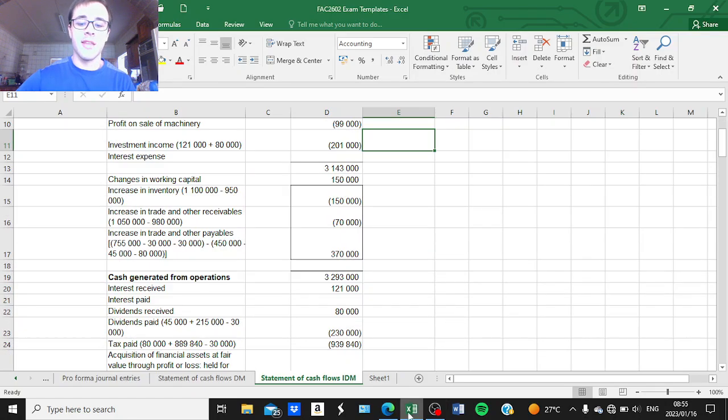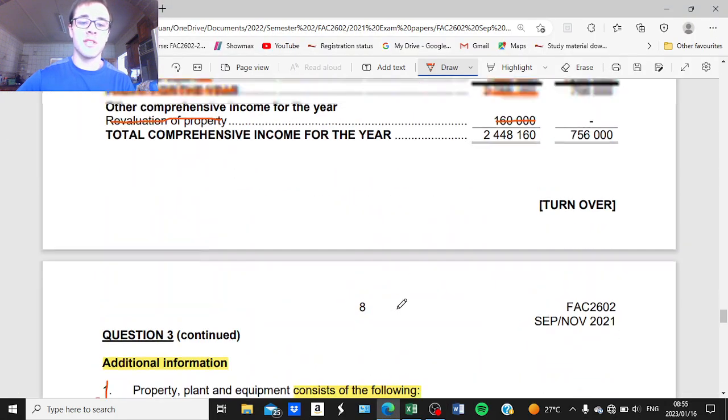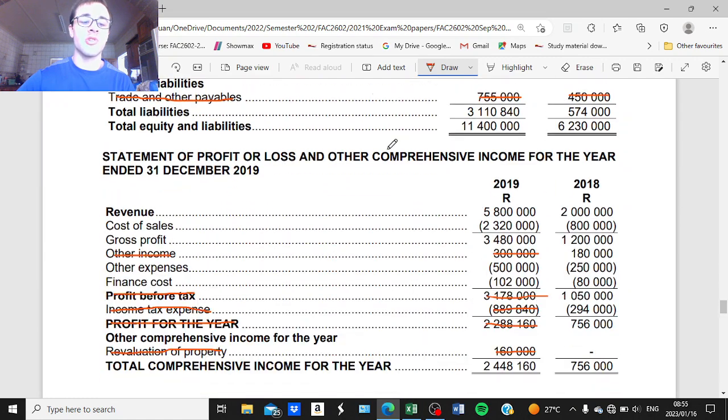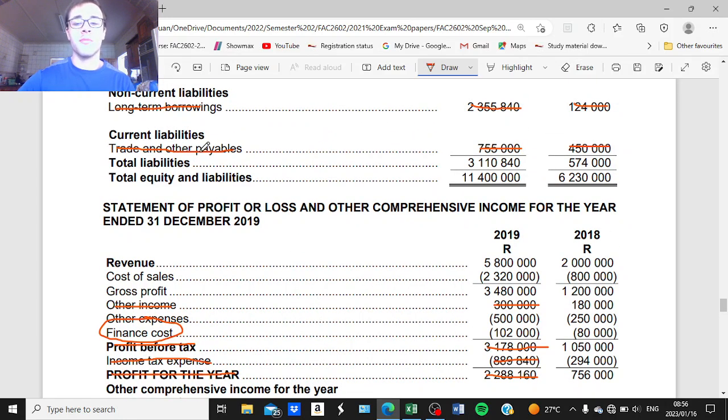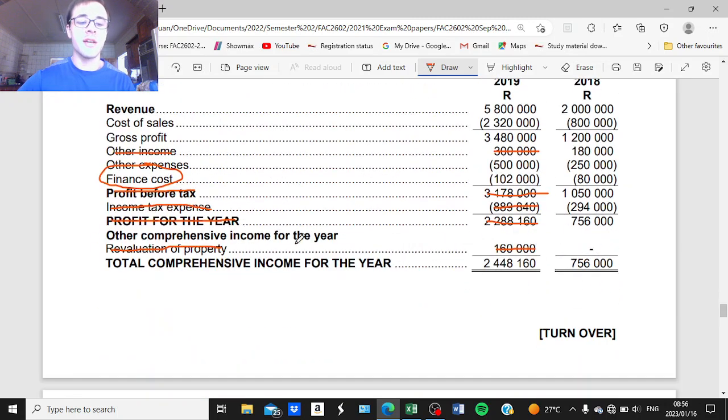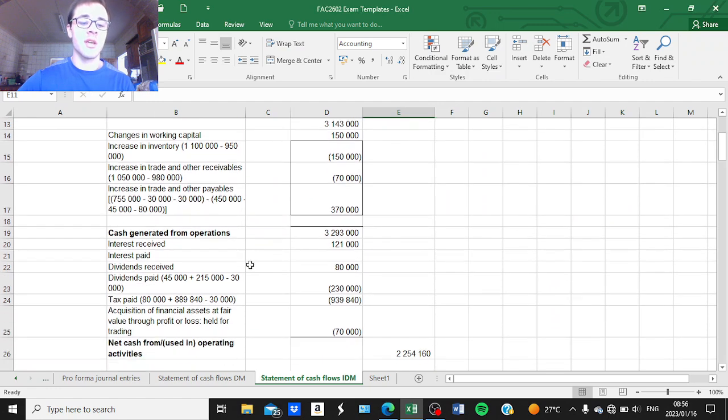Okay, and then another item that we have not considered yet, if we go to our statement of profit or loss and other comprehensive income, is finance costs or interest paid. There is no interest payable at the beginning or the end of the current year. So therefore, the amount that was actually paid in respect of interest amounts to 102,000.